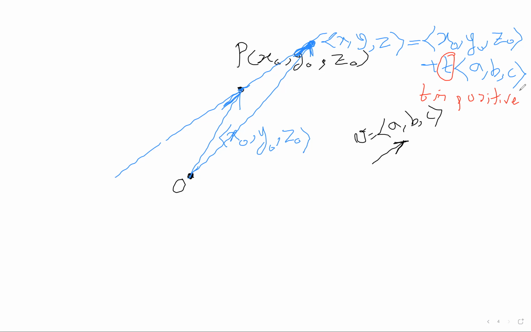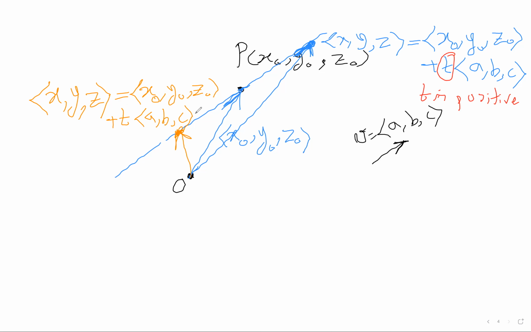But for another point on the other side of P, for example a point like here, if the coordinates of that endpoint are x, y, z, or the corresponding vector is the vector x, y, z, again it is the initial vector x0, y0, z0 plus t times a, b, c.